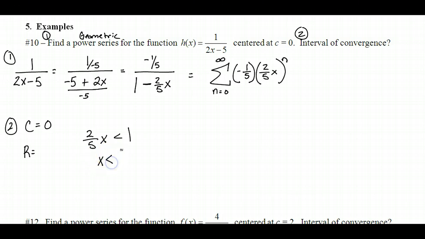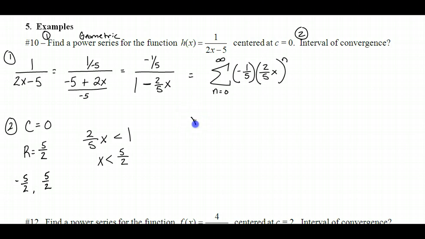Therefore, the absolute value of x is less than 5/2. So if our center is at 0 and our radius is 5/2, our interval of convergence would be from negative 5/2 to a positive 5/2.